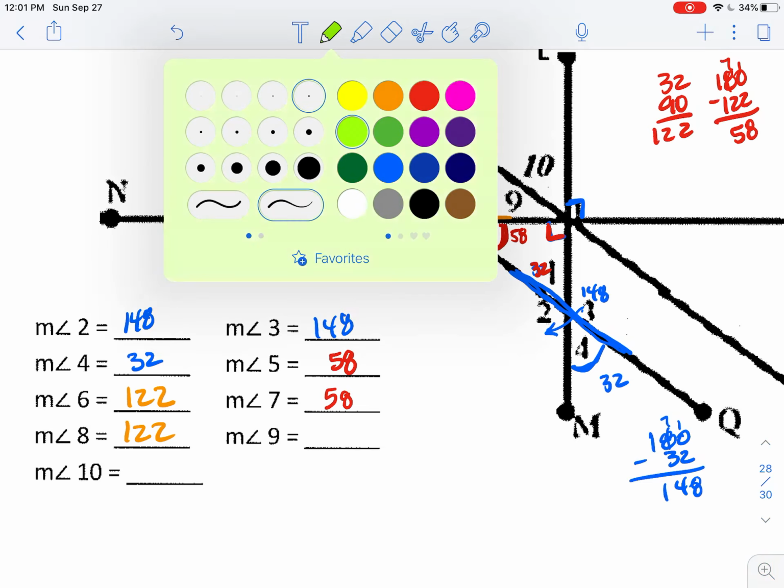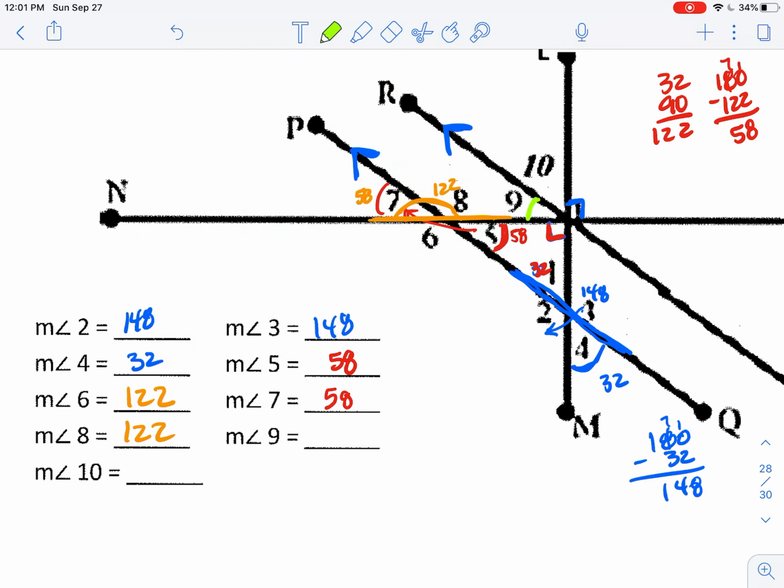And let's see, what else do we have? What I can identify is that angle 9 is corresponding with angle 7. They're in the same angle position. And so I know that angle 9 is going to be 58.